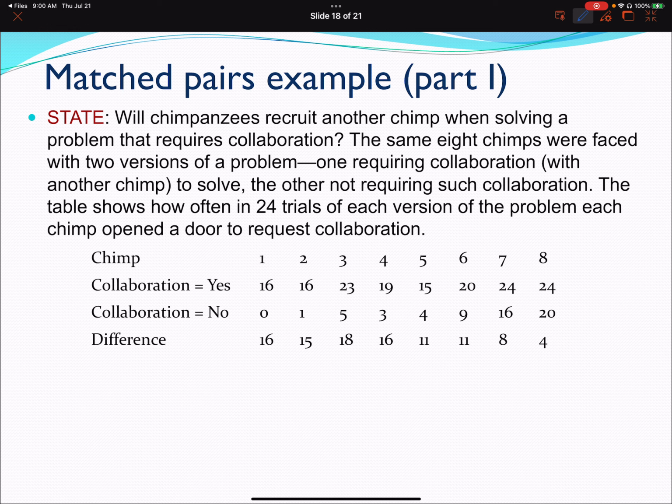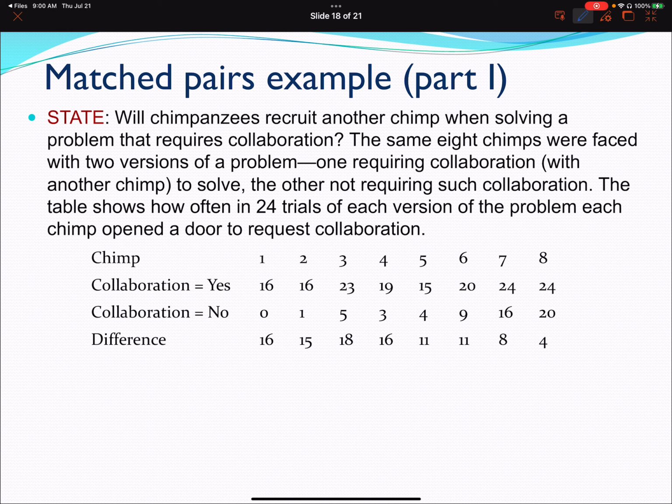Will chimpanzees recruit another chimp when solving a problem that requires collaboration? The same 8 chimps were faced with two versions of a problem, one requiring collaboration with another chimpanzee to solve, the other not requiring such collaboration.